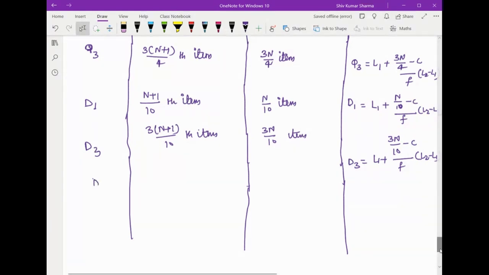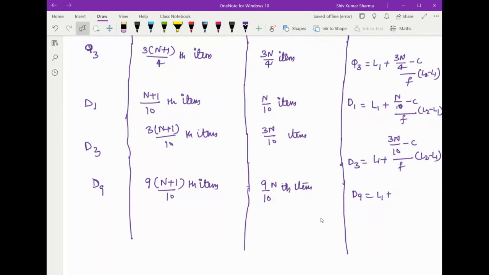So I'm writing directly D9, the general case: 9 into (n plus 1) upon 10th item, and 9n by 10th item, and you can calculate D9 as L1 plus (9n upon 10 minus c) over f into (L2 minus L1). So this is for decile.